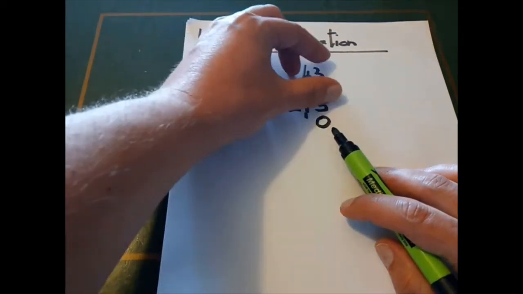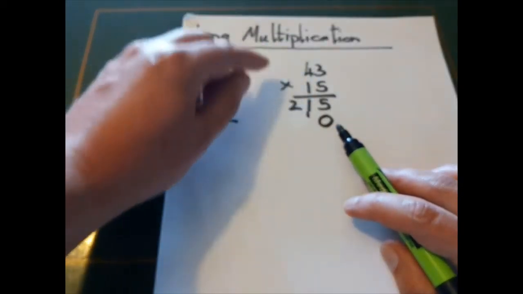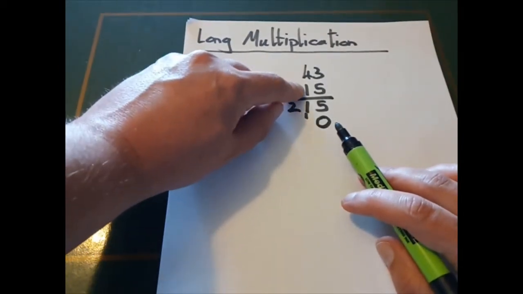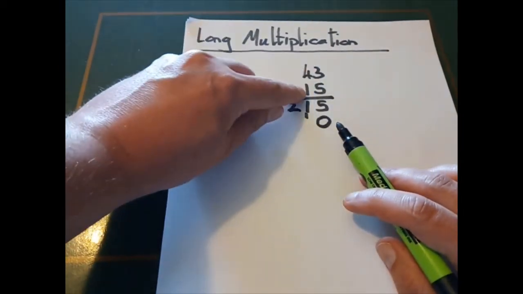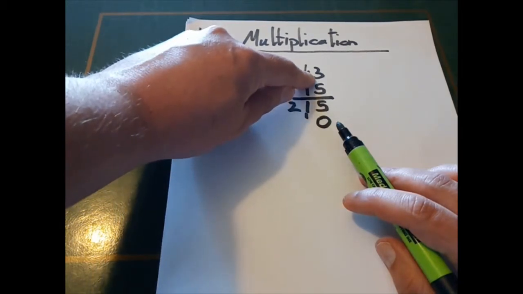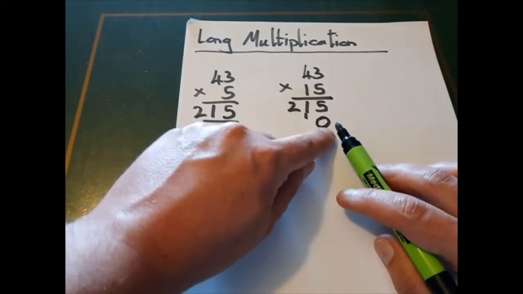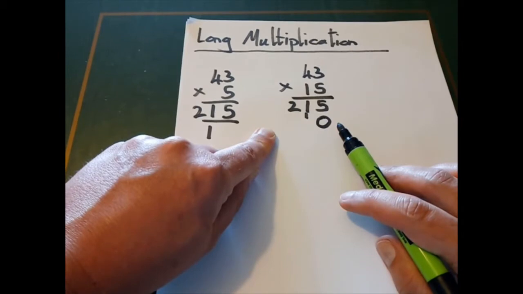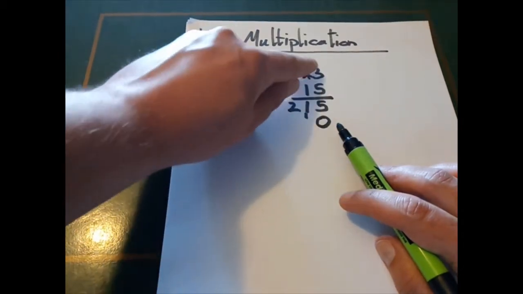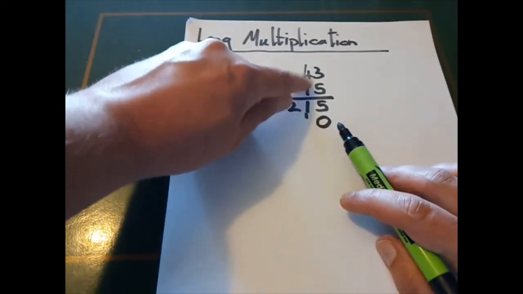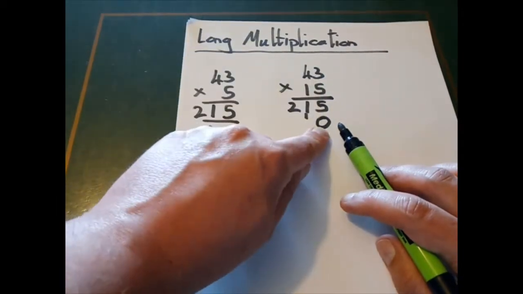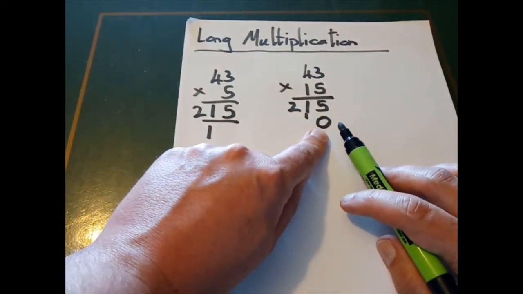We have moved along our place value chart and we are multiplying not 1 times 3, but 10 times 3. To do that, we have to shift our place value chart along the bottom as well. So it's not 1 times 3, it's now 10 times 3. This 0 allows us to do that.